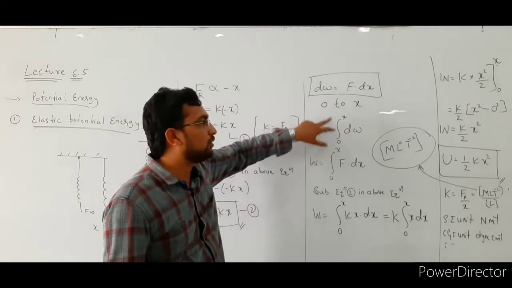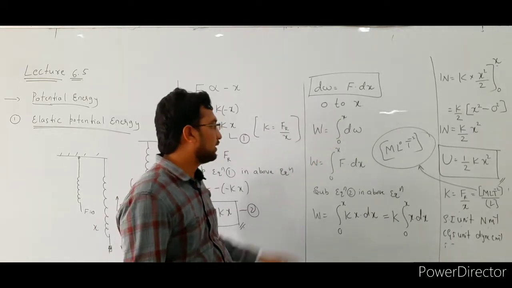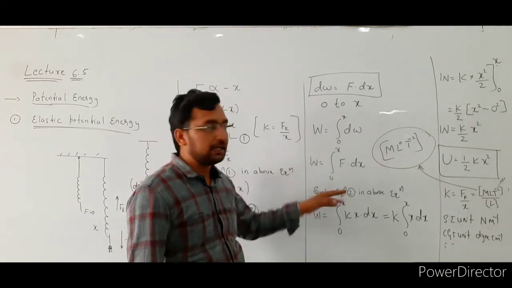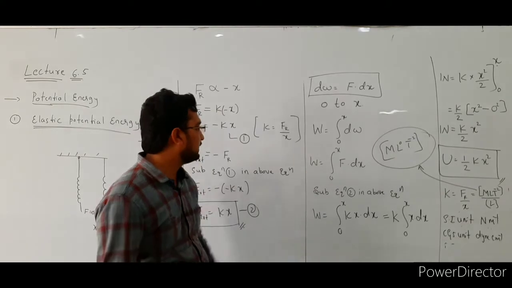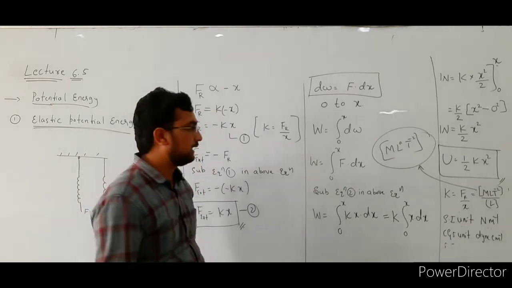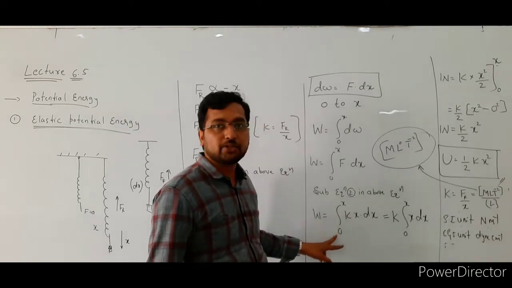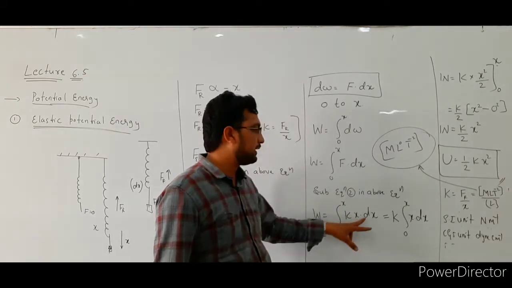So work done is equal to the integration from 0 to x of F dx. Already we know F is the external force, that is kx. Substitute here: W is equal to the integration from 0 to x of k x dx.